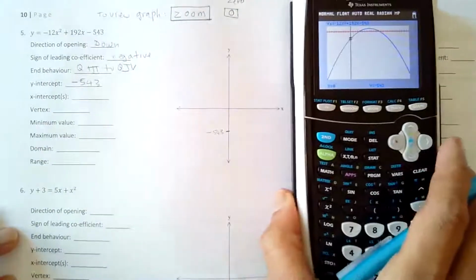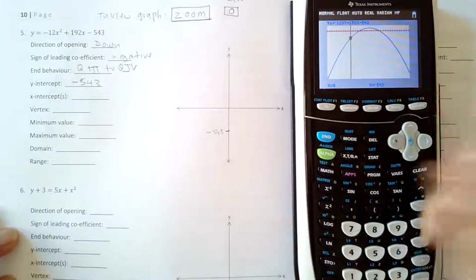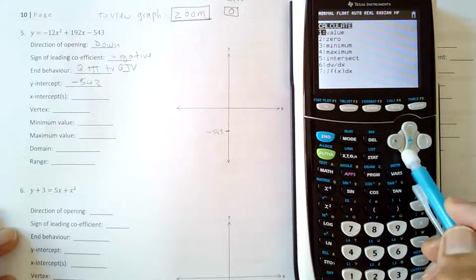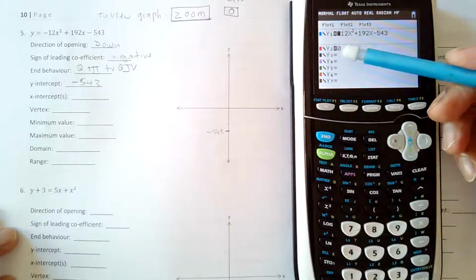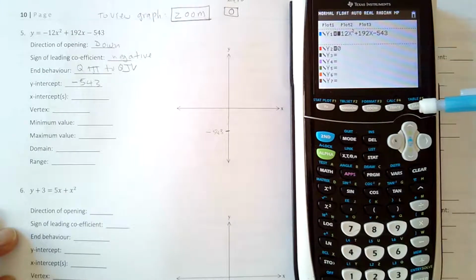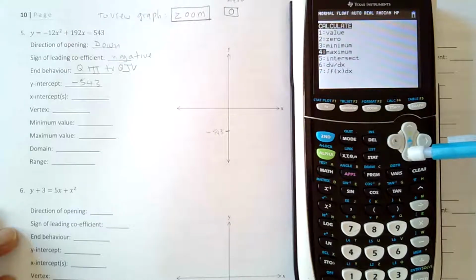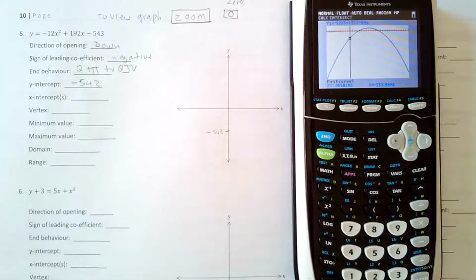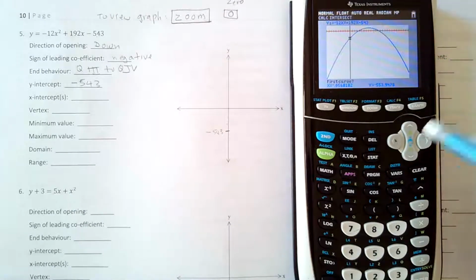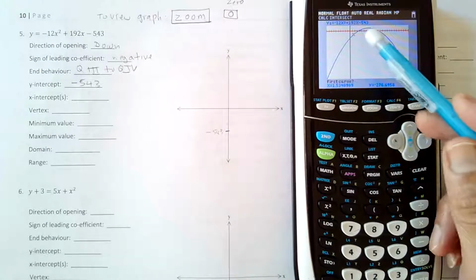Now the x-intercepts. So second trace. By the way, make sure you have y2 equals 0. Second trace, intersect. I need to find the first one. It doesn't matter which one, so I move up to here. First curve.